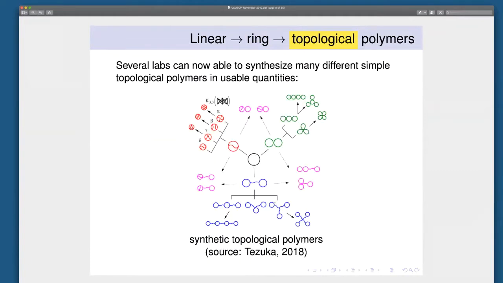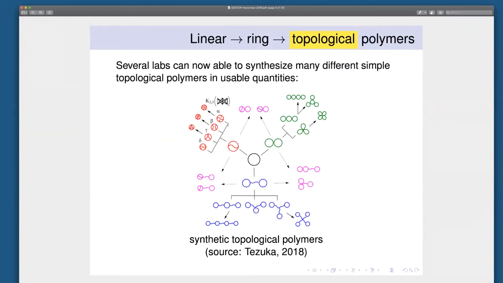So here is a diagram of the topologies that Tezuka's lab produces by their process. You can see that it starts with a ring polymer, and then there are modifications that happen to it. So you can get a theta curve, and then another set of products is this ladder graph, this K33 up here.